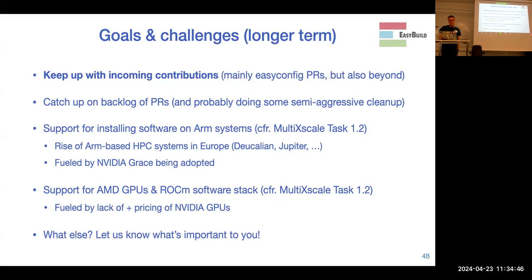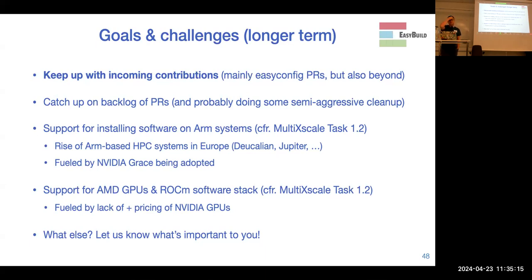Support for ARM and support for AMD GPUs and ROCm is definitely something we'll have to look into, not only because it's coming, but also because it's one of the things we promised in the MultiXscale project. So we have a task there on what we call emerging system architectures. To me, both of these are still emerging. The ARM one is definitely ongoing work, and we've discovered some issues there already, probably not the last ones, but it's ongoing.